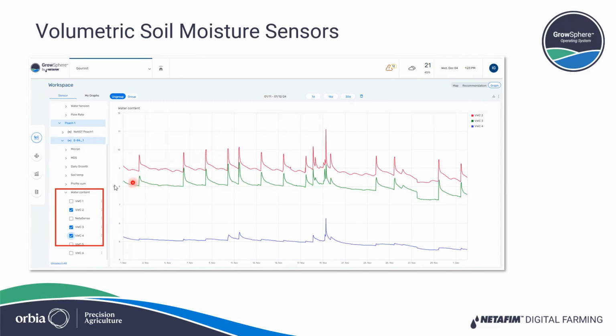In this graph I chose 3 soil moisture sensors, or actually 3 depths of the NetaCap soil moisture sensor. So we have 3 different measurements. The upper one, the red one, is installed at 20 centimeters. The second one, the green one, at 30 centimeters, and the last one at 40 centimeters.